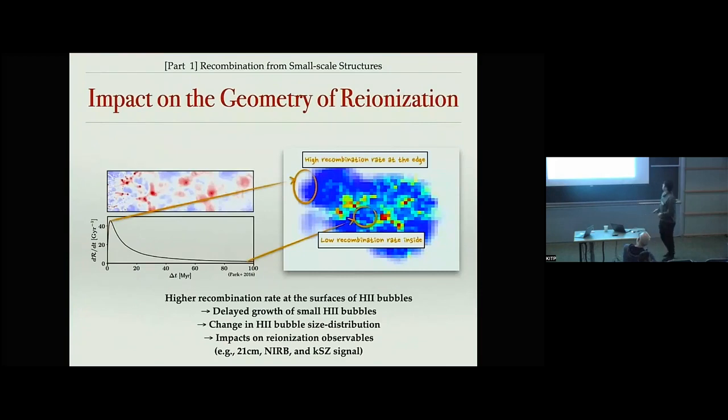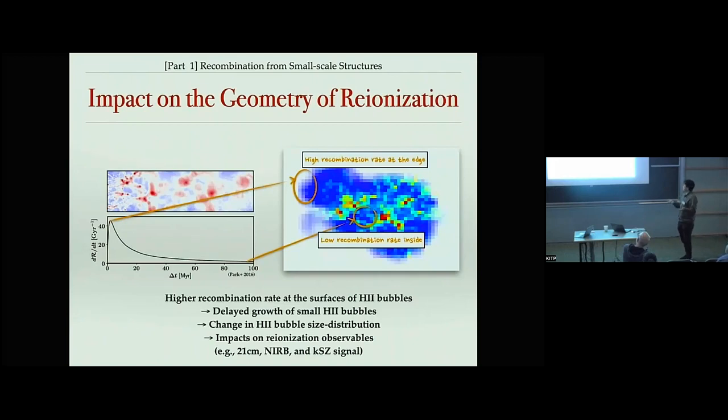And also, you can expect this to have some large scale effects because this has very steep time dependence. For example, if you imagine this kind of ionized bubble, you'll have increased recombination rate at the surface because the surface just got ionized, whereas the inner part, which probably has been ionized for a while, has a much lower recombination rate.